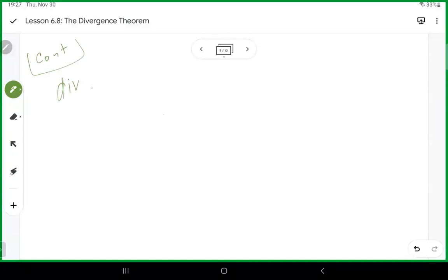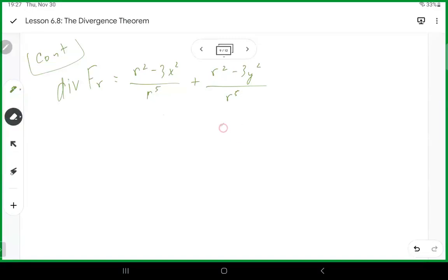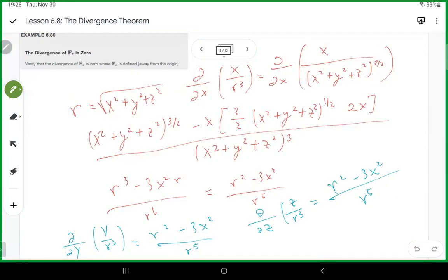So div F_R is r squared minus 3x squared over r to the 5th plus r squared minus 3y squared over r to the 5th plus r squared minus 3z squared. Oh, those are, wait, yeah, I was right. I just need a z here. Did I put the right variables in last time? Sure didn't.